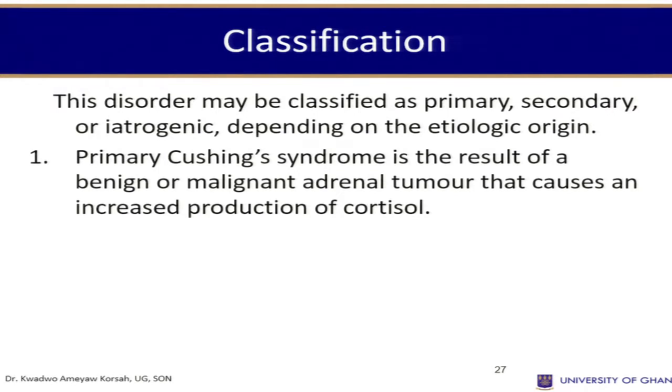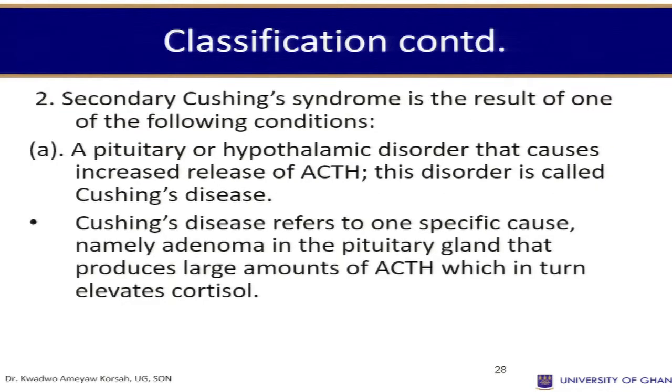Primary Cushing syndrome is the result of a benign or malignant adrenal tumor that causes an increased production of cortisol. And secondary Cushing syndrome is the result of one of the following conditions: a pituitary or hypothalamic disorder, which may cause increased release of ACTH, and this disorder is called Cushing's disease.